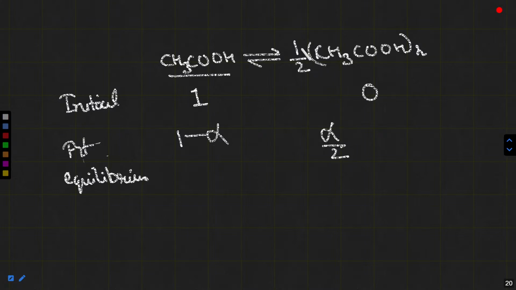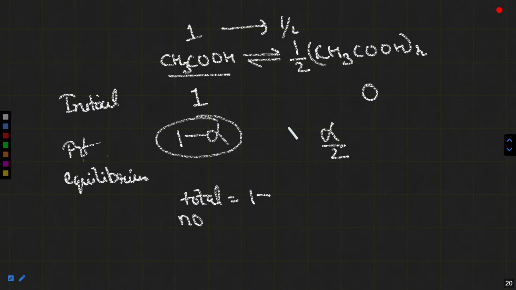Is it clear? Since half is the stoichiometric coefficient, I have divided this alpha by 2, because one particle will form half product, therefore alpha particles will form alpha by 2 product. That will give you the total number of particles. It's very simple to calculate the total number. Just add this value and this value.